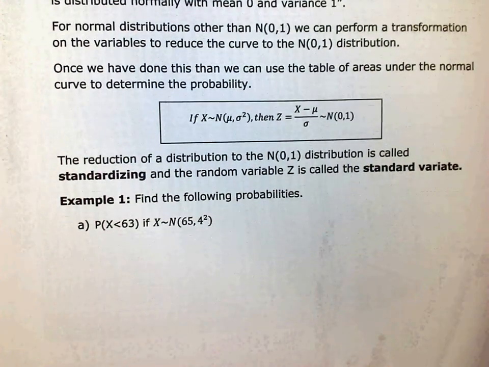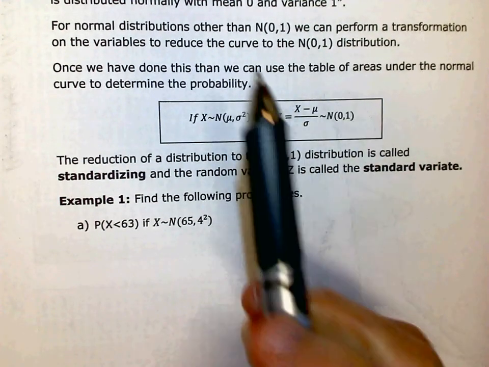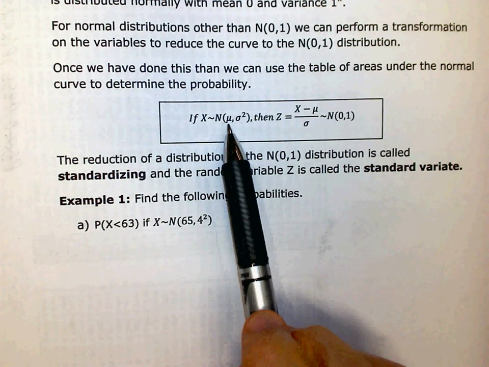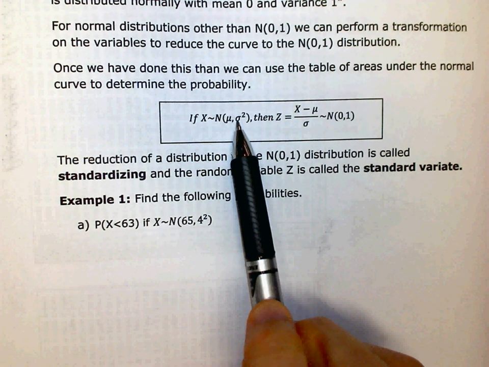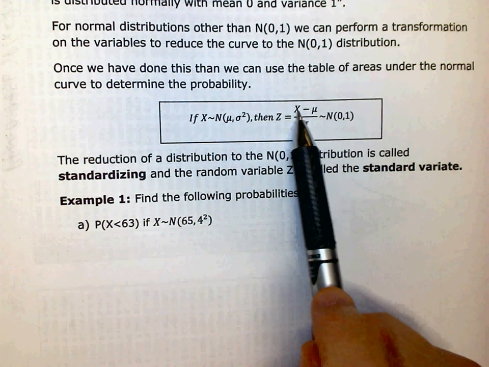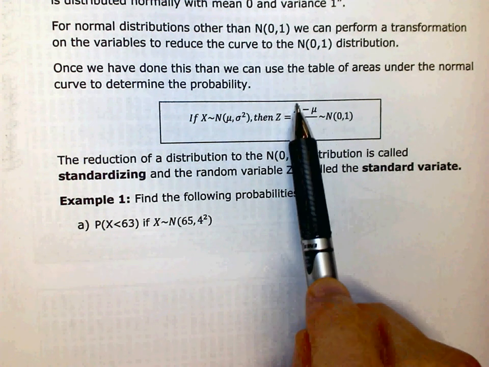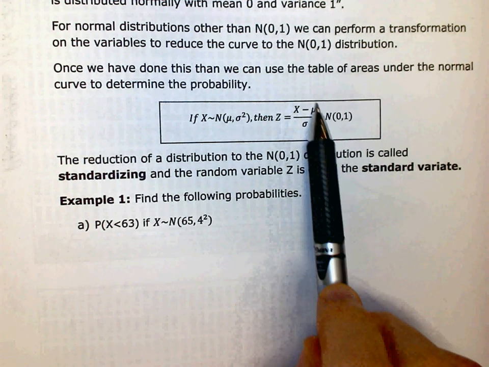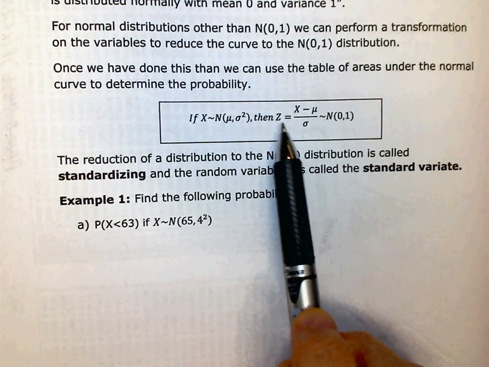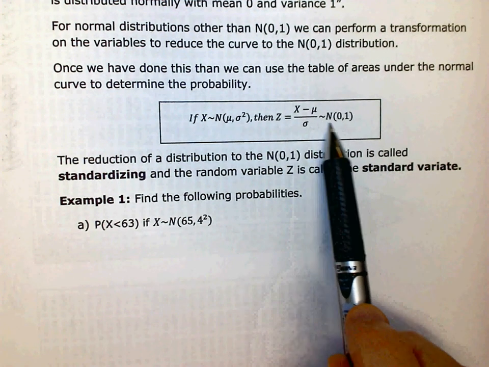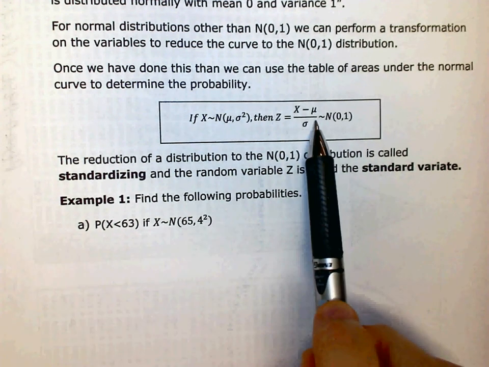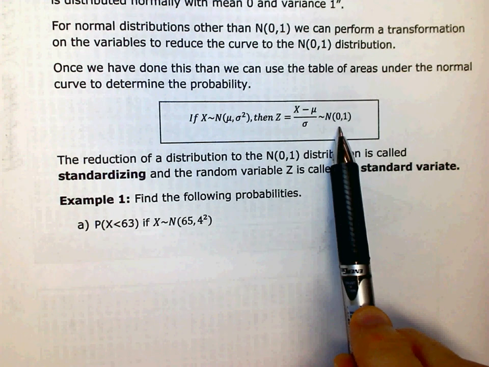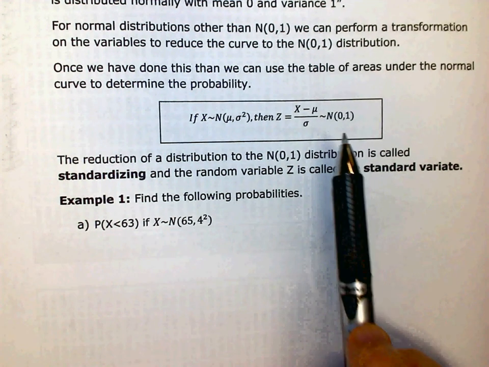I'll demonstrate with this example. If x varies normally with the mean of mu and a variance of sigma squared, then we do what you're used to. This is the z-score calculation. When we convert our variables to a z variable, then we can use the table.